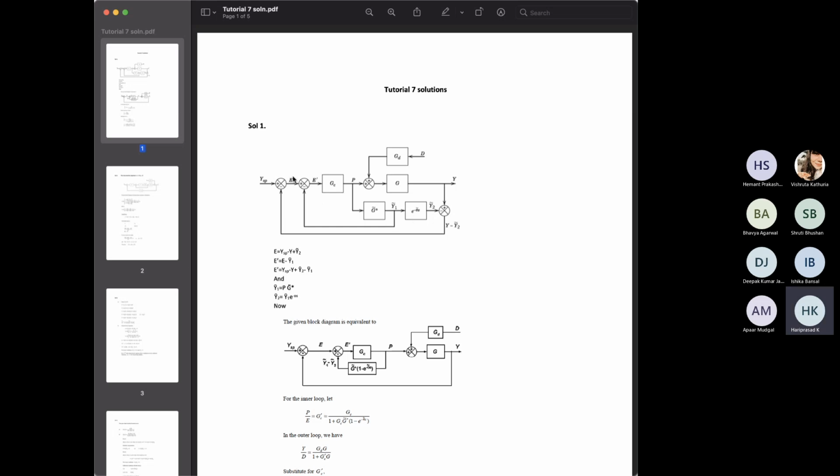If there was some sort of a block between y1 and e1, it would have been a different case. Are you getting it? It is now just a simple addition. Any questions here at the moment?